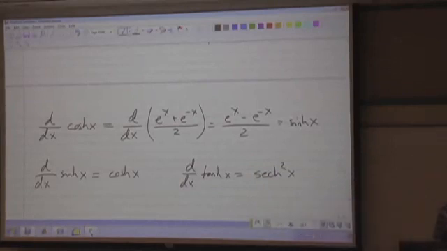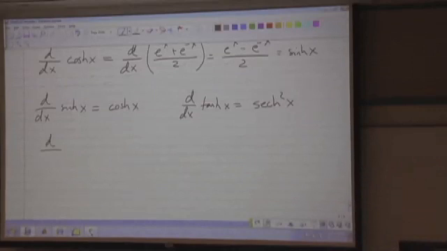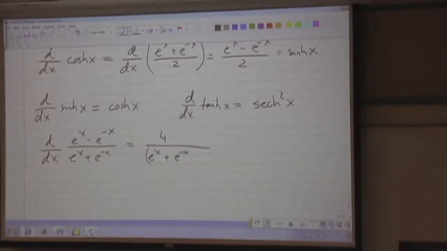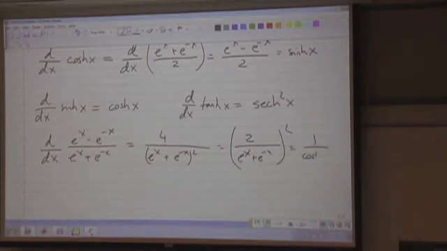Yes? Remember, when we took the derivative of e to the x minus e to the minus x divided by e to the x plus e to the minus x, we ended up with 4 over e to the x plus e to the minus x quantity squared. But this is just 2 over e to the x plus e to the minus x squared. So it's just 1 over cosh of x squared. Okay? Does this make sense?